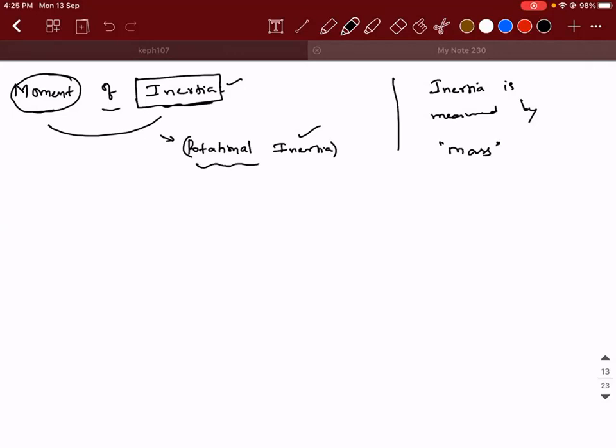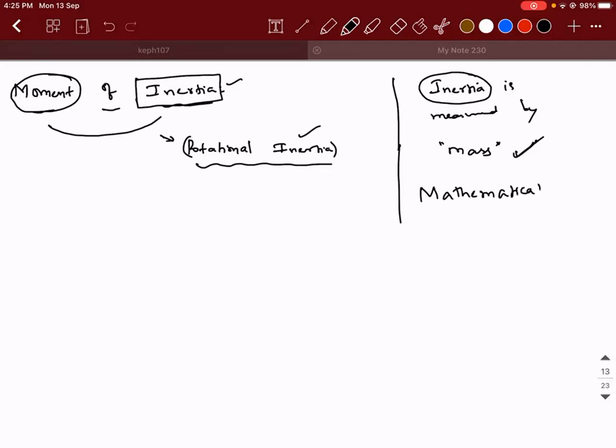Similarly, in the case of rotational inertia, there is nothing like mass or something. I'll come to that point. So in the case of translatory motion, we concluded that if the object has more mass, then it has more inertia. Correct? Is there any mathematical expression for inertia in the case of translatory motion? No, sir.